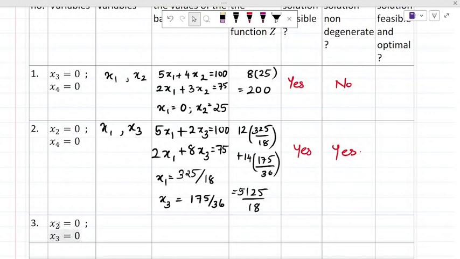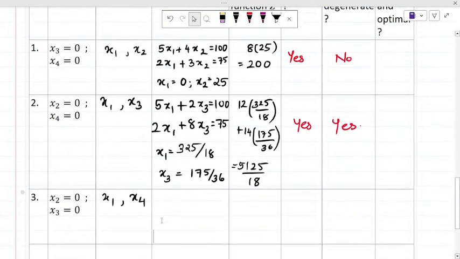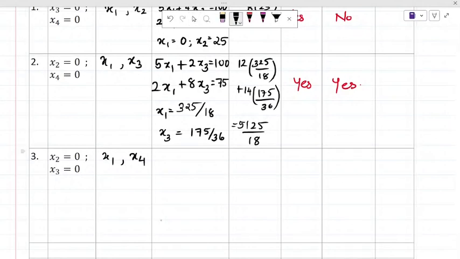So the basic variables now are going to be x1 and x4. Now the equations that we land up on, X1 and x4 are there, so it is 5x1 plus x4 is equal to 100.